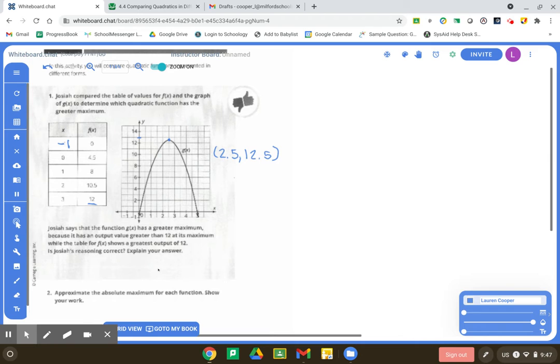So on this one, I would probably say that Josiah is incorrect, and that's just because a table can go farther than the last number.